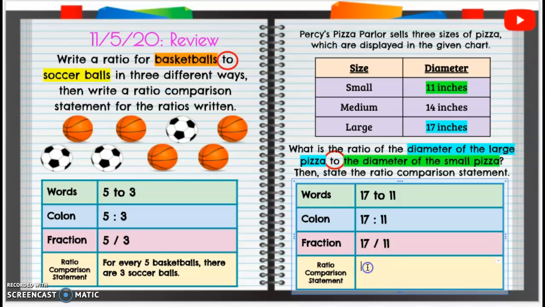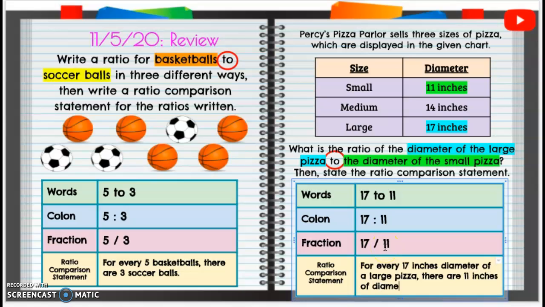All right, now, ratio comparison statement. For every blank, there are blank. For every 17 inches, so that's 17 for every 17. So what is that 17? For every 17 inches diameter of a large pizza, there are how many inches of diameter of a small pizza? 11 inches of diameter of a small pizza.